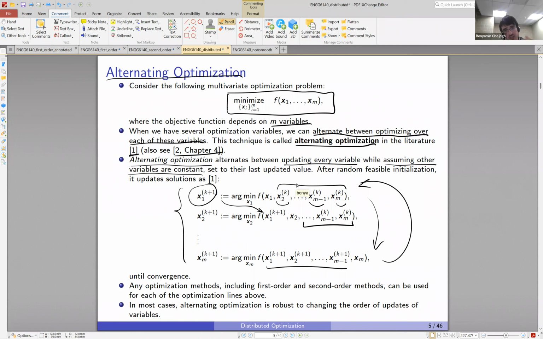Do you remember in gradient descent, in each iteration we had one update. In the accelerated gradient method we had two updates. Here in alternating optimization, the number of updates is the same as the number of variables, because we need to update m variables. This is minimization with respect to x1, this with respect to x2, until the minimization with respect to xm.